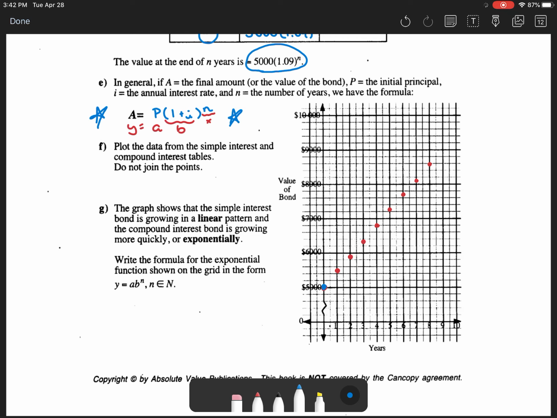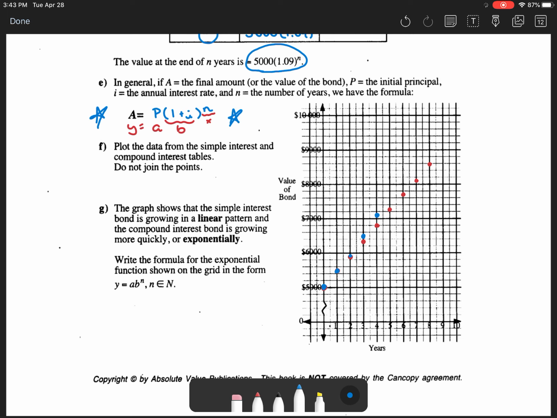Now when I go and do compound interest, and again I'm just taking all these values from the charts on the last 2 pages that I calculated, we start in the same place. That blue data point will go right over top of the red at time 0, the $5,000 initial investment. Year 1, 5,450, the same amount after year 1. But year 2, you notice it starts to separate just a little bit, 5,940.50.